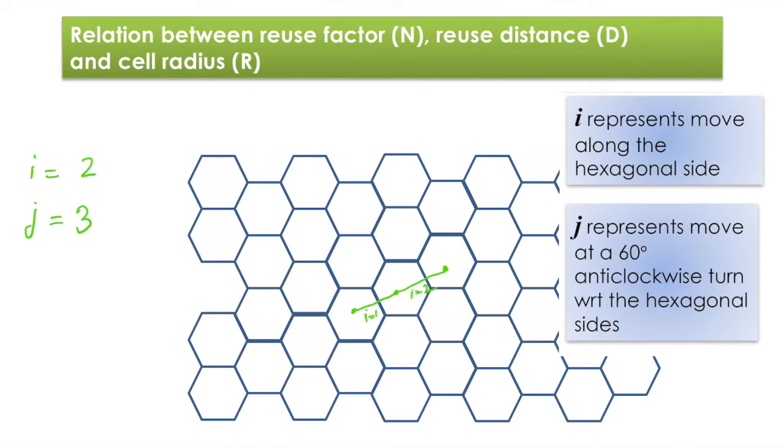Then we take a 60-degree anticlockwise turn and move in this direction. So this is j equal to 1, j equal to 2, and here we have one more cell like this. So this is j equal to 2 and this is j equal to 3.